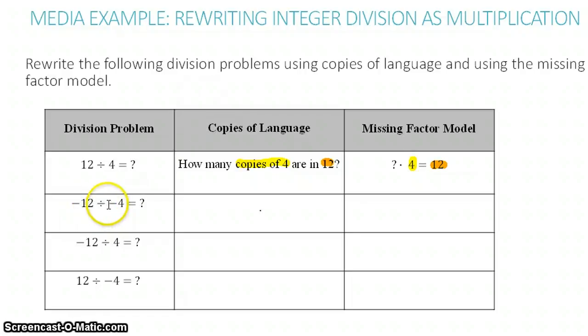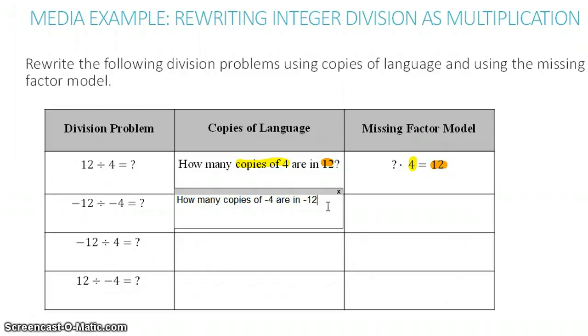Negative 12 divided by negative 4 equals some number. So we're going to write this as how many copies of negative 4 are in negative 12.